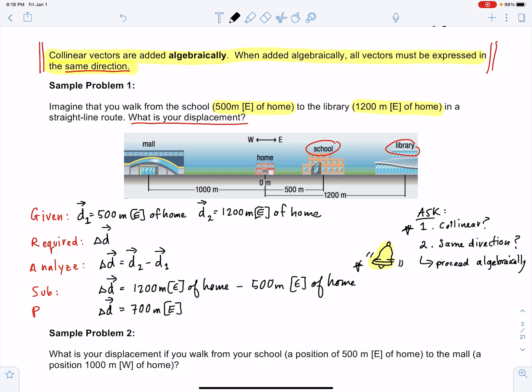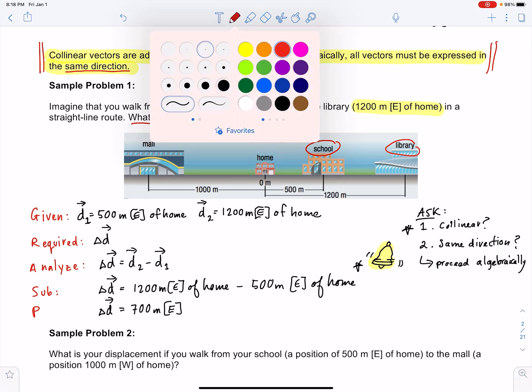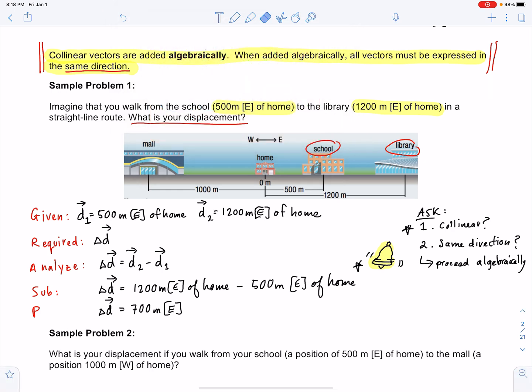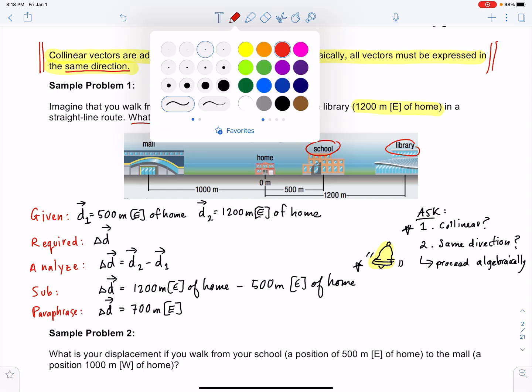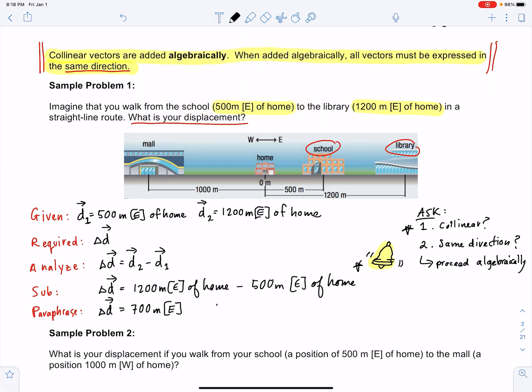Okay, the final step is to paraphrase. The final step in the GRASP method is to paraphrase, give an answer. Therefore, the displacement is 700 meters east.